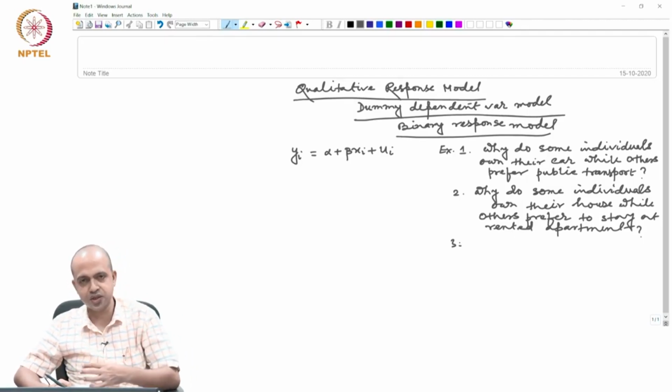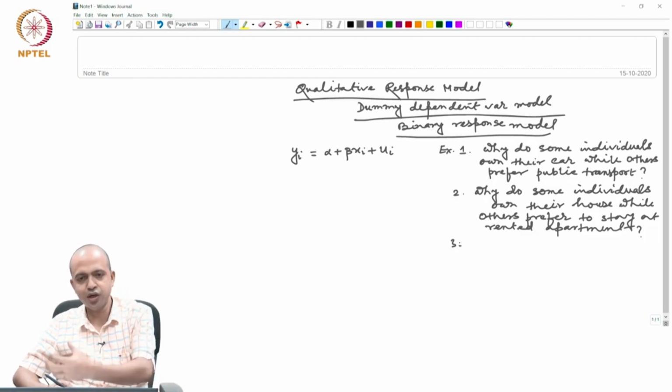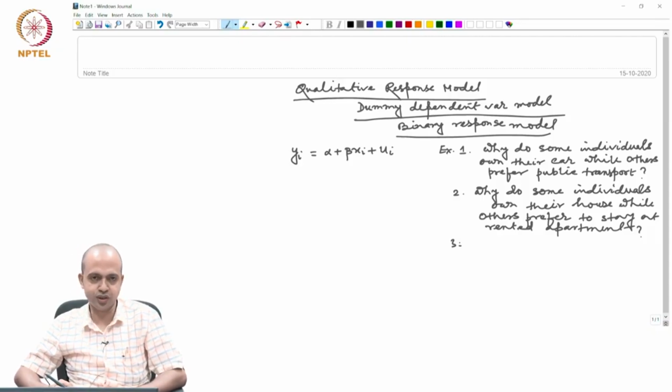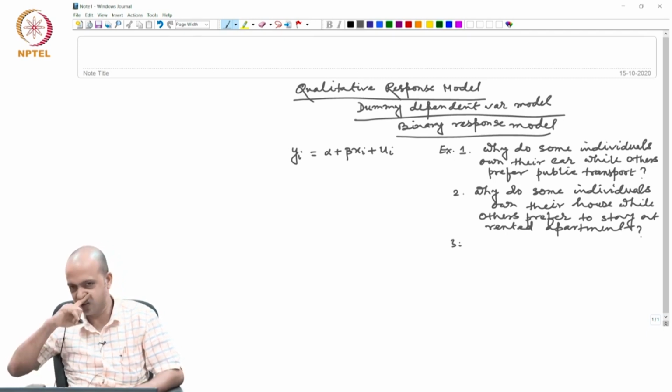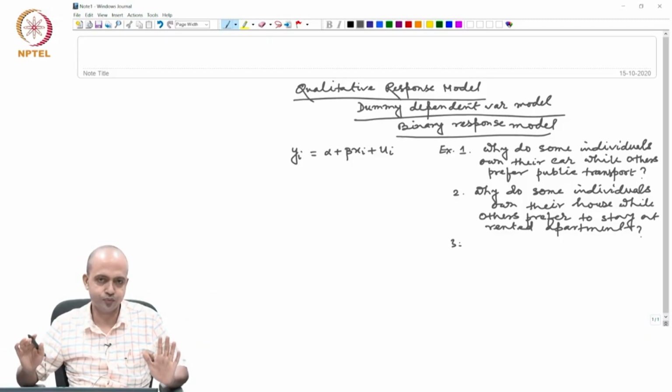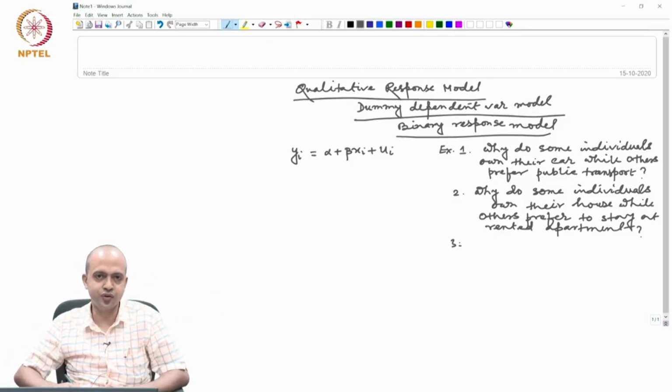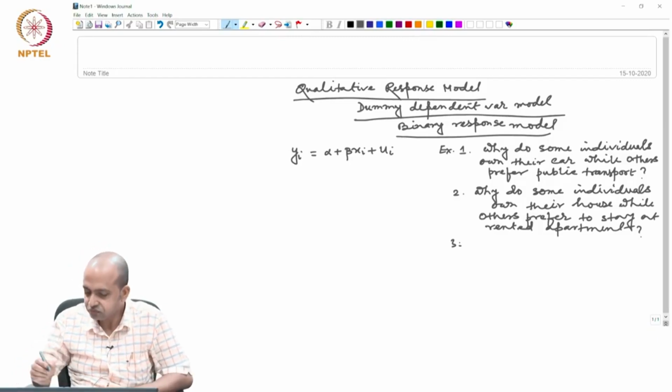But in all these cases, the qualitative information is only for the dependent variable, and that you have to regress on what is the collateral that the household is having, what is the monthly income, what is the dependency ratio, what is the education, sex, gender, so on and so forth. With all these factors, you are going to explain whether the individual's loan will get approved or not, right.